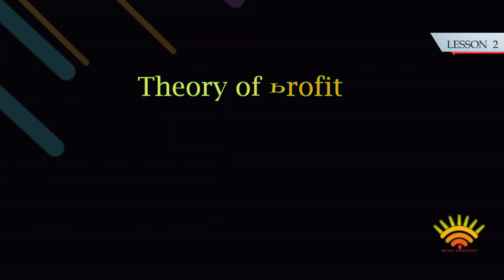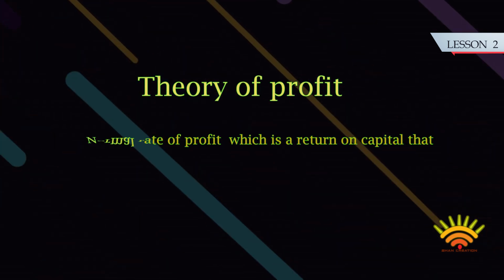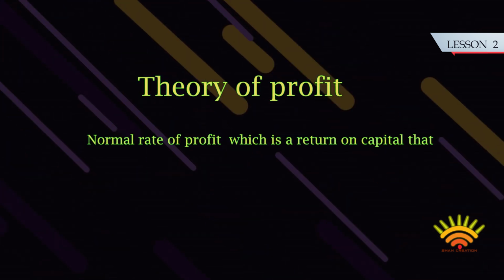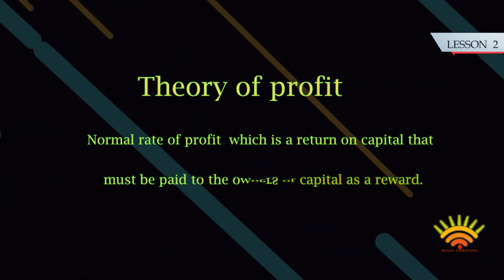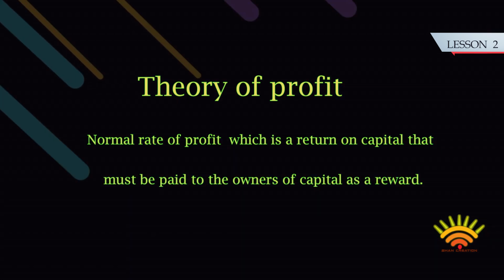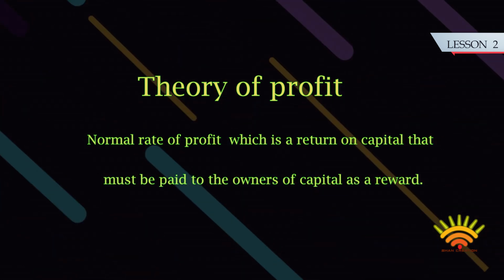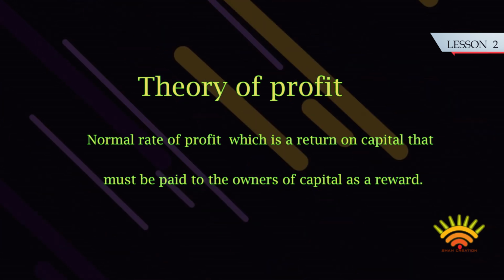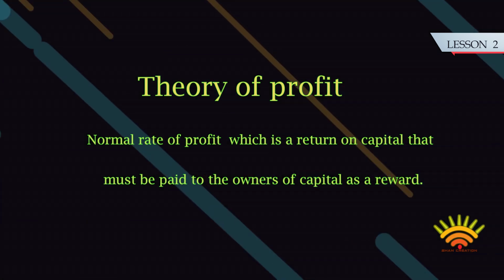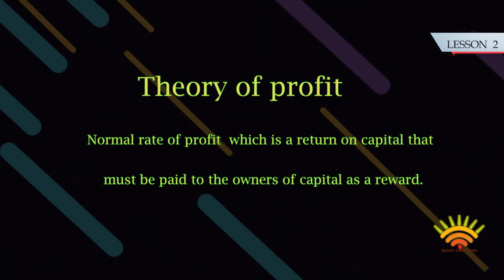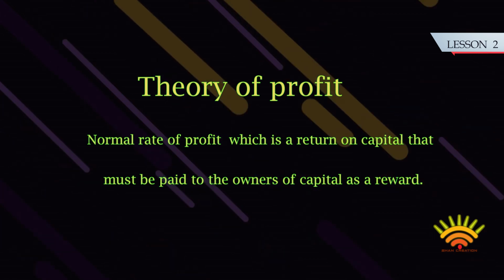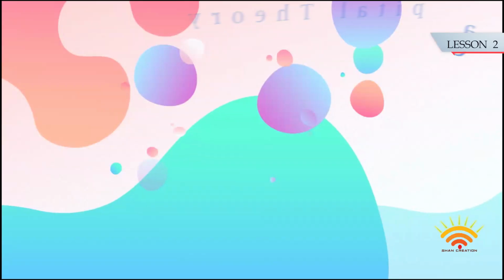Theory of profit. According to this theory, there exists a normal rate of profit, which is a return on capital that must be paid to the owners of the capital as a reward. Therefore, the theory of profit helps the managers to take decisions on profit levels to be maintained for keeping the investors with the company. Capital theory.